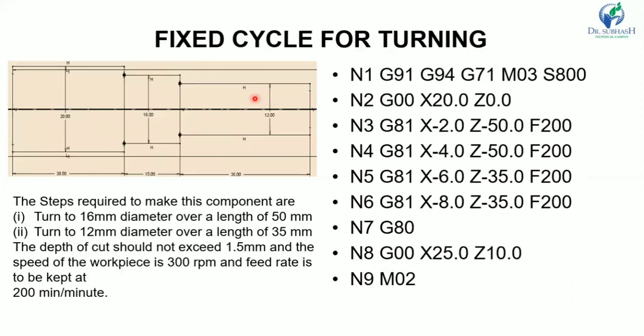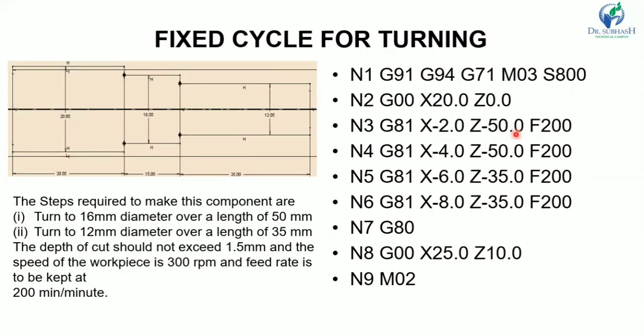Now the program for this cycle is G91, G94, G71, M03, S800, G00 rapid traverse, X20, Z0. Now G81 CAN cycle for X-2, Z50, and feed rate is 200.